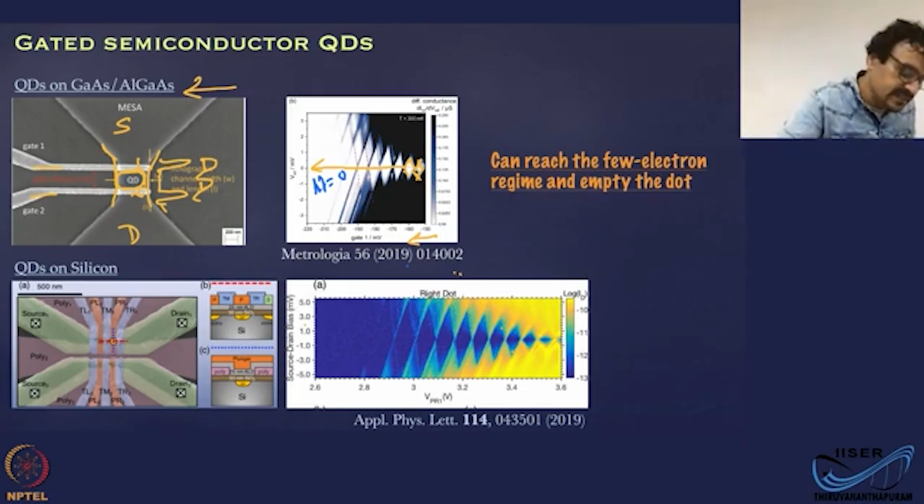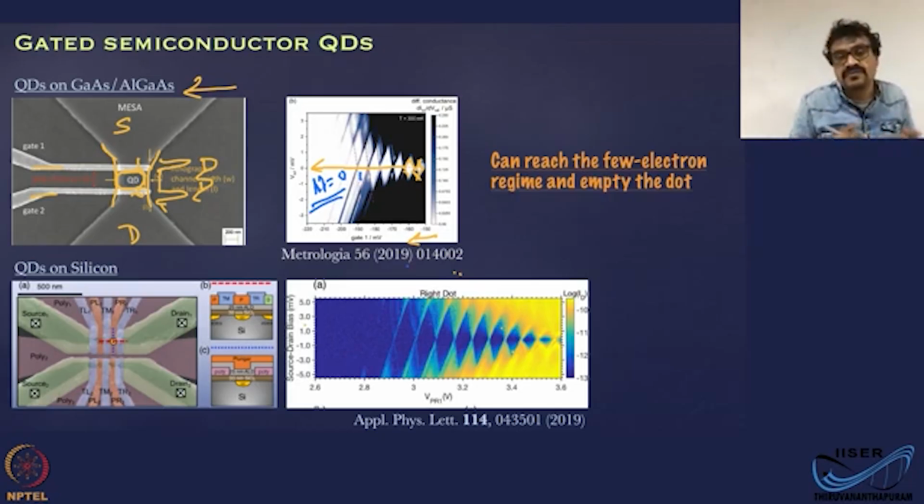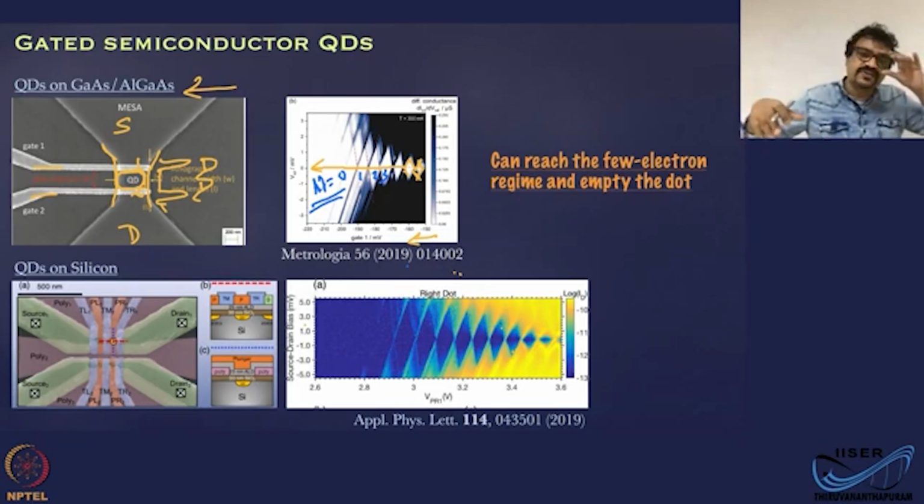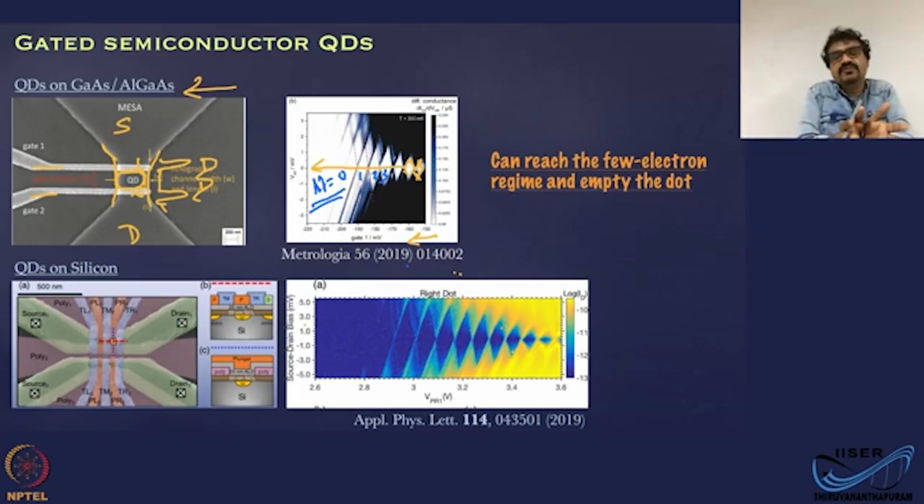So in this region, n equal to 0, then 1, you have to be careful. You need to identify the edge of the diamond, because the current also will reduce as you go to lower numbers of charges. That effect we will discuss later. So 1, 2, 3, and so on. So you can take the Coulomb diamond, then you vary or sweep the gate voltage until you don't see any more diamonds, and it opens up completely.